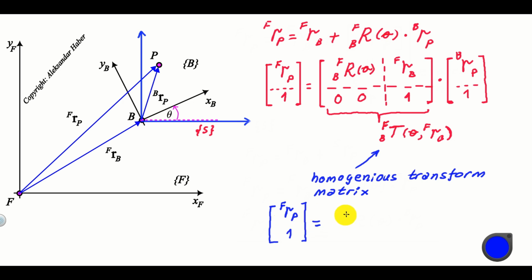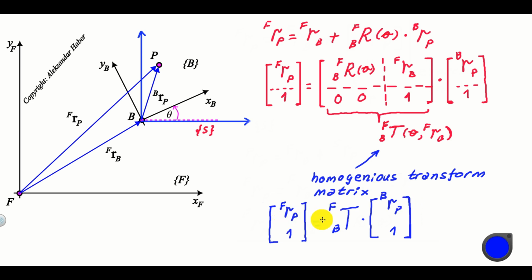Then on the right hand side we will have our matrix T, B with respect to F. Usually we omit this dependency in order to ease the notation, and over here I will have the vector RPB, that is the vector RPB with the coordinates, or better to say with the projections expressed in B, and I will have 1 over here. And that's it.